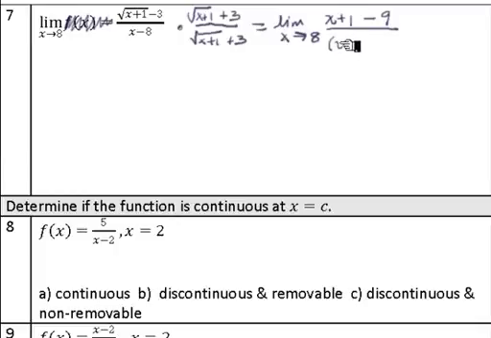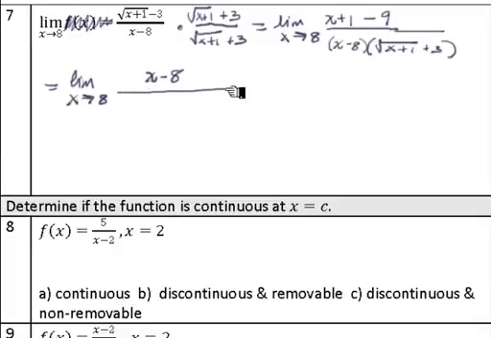Keep it in the factored form, x minus 8 times that square root of x plus 1 plus 3. So notice in the numerator, x plus 1 minus 9 is equal to x minus 8. So we have, just rewrite once again, x minus 8 in the numerator. And it's going to cancel with this x minus 8 in the denominator.